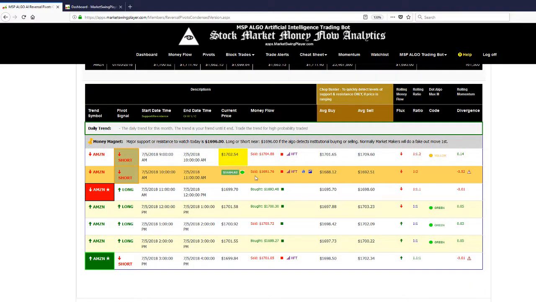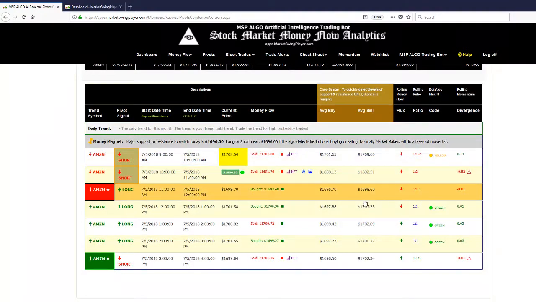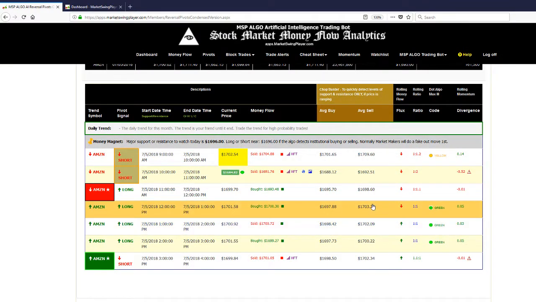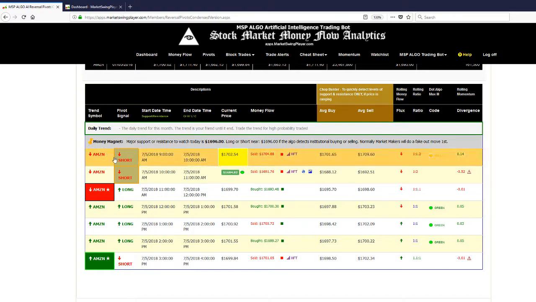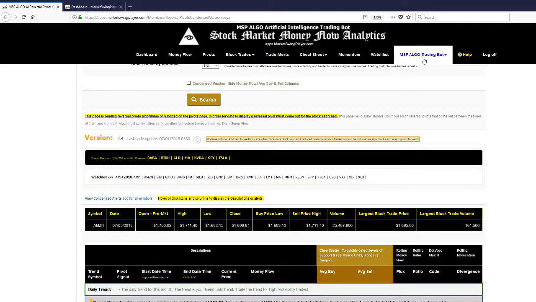There's support, buying, momentum plays, etc. So this has a whole lot of alerts, and pretty much it gives trading signals. Okay, let's go to the daily.